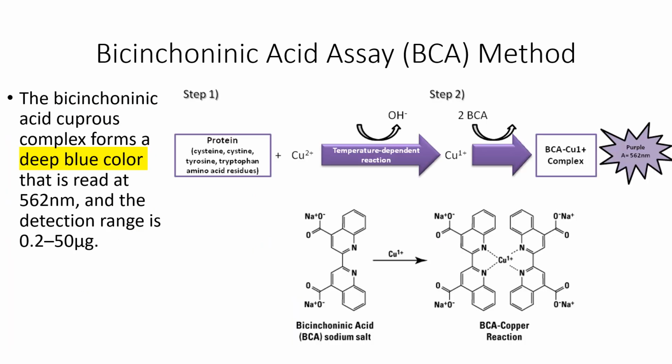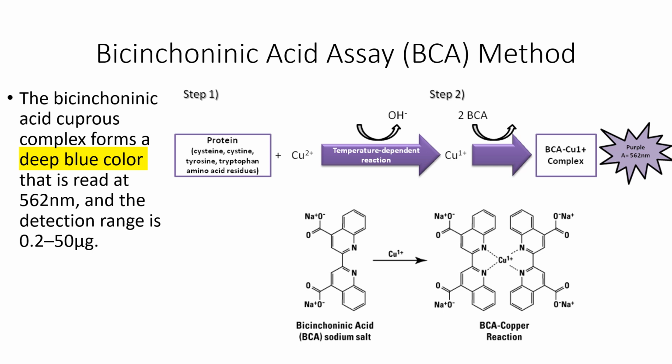And then another method is called the BCA method, bicinchoninic acid assay. Basically, the bicinchoninic acid cuprous complex forms a deep blue color that can be read at 560 nanometers. The BCA method is based on the fact that the sodium salt of bicinchoninic acid reacts with the cuprous ion generated by the Biuret reaction under alkaline conditions.